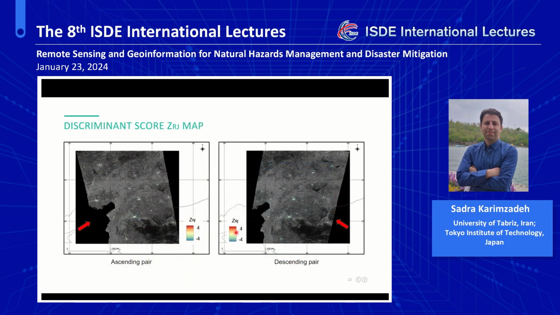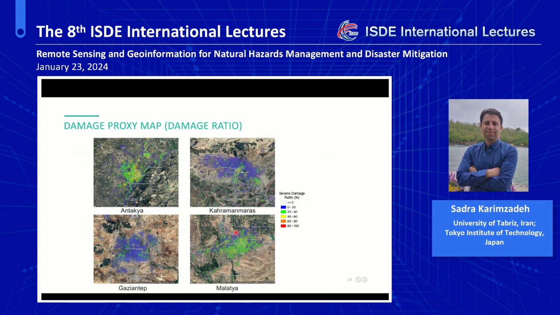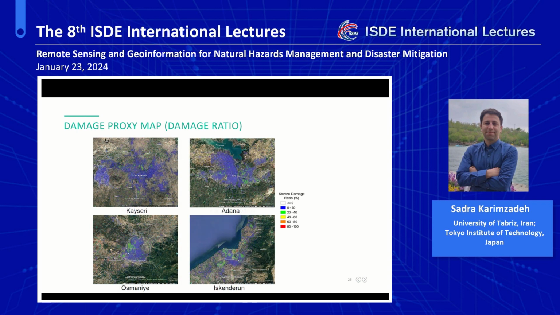And here you are, this is the discriminant score, ZR map, and these are damage proxy maps in different damage states, as you can see on the right side. And some of the mostly affected cities are shown here: Antakya, Kahramanmaraş, Gaziantep, Malatya. Other cities, for example in Adana, no severe damage observed.